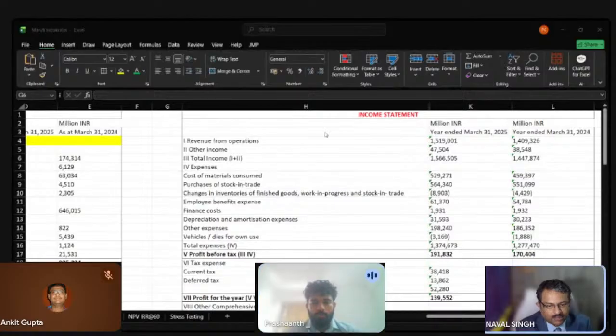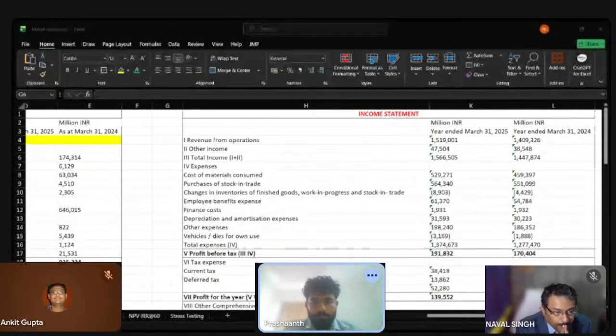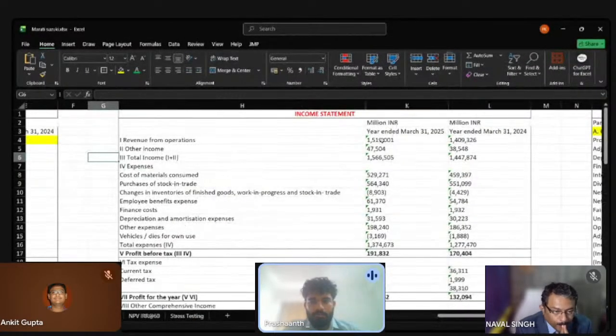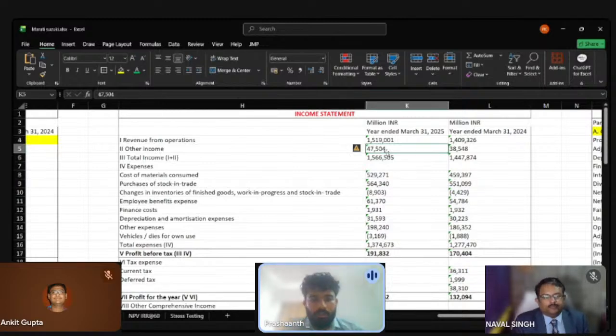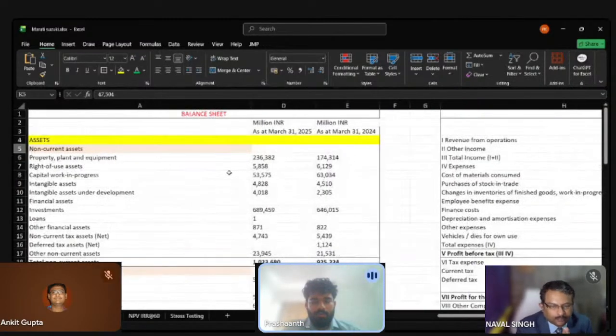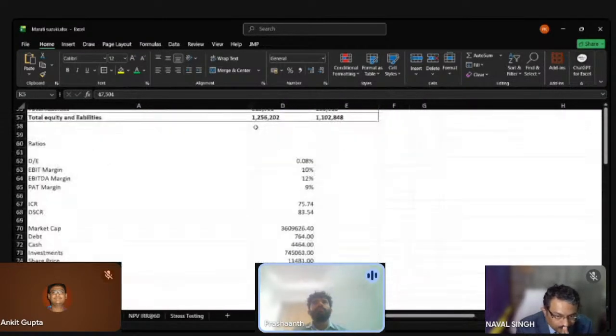Okay, perfect. So I was saying that the revenue from operations last year was 1,519 billion rupees, but their other income is also around 47 billion. So I wanted to adjust for the effects of the 47 billion.